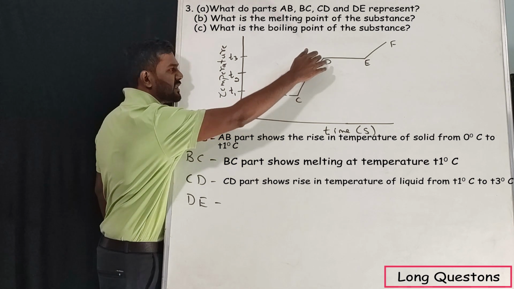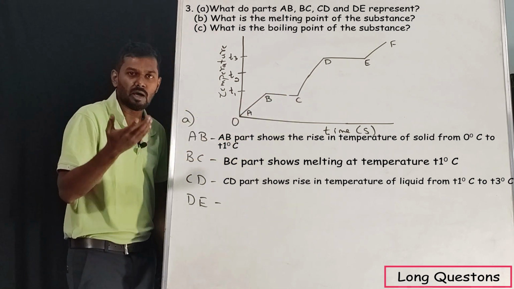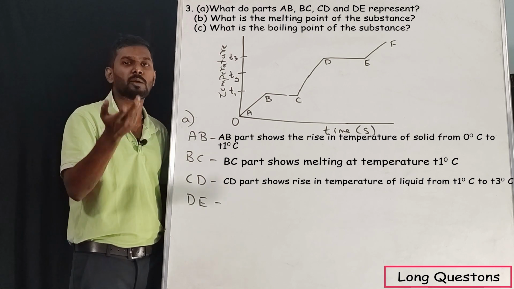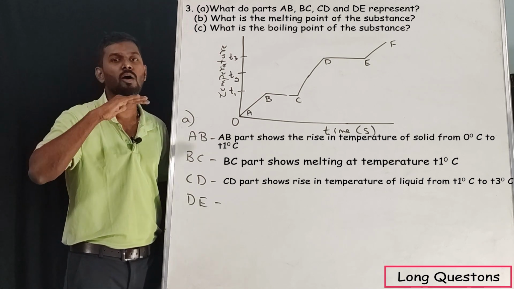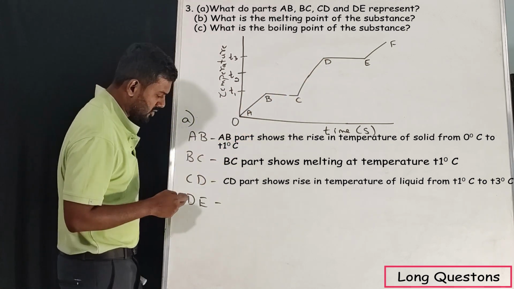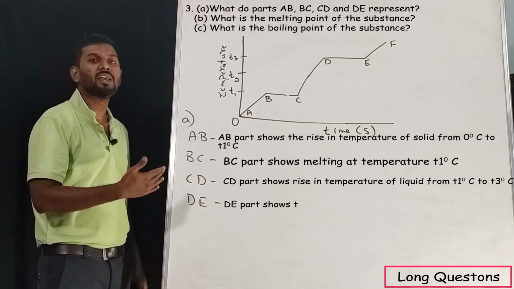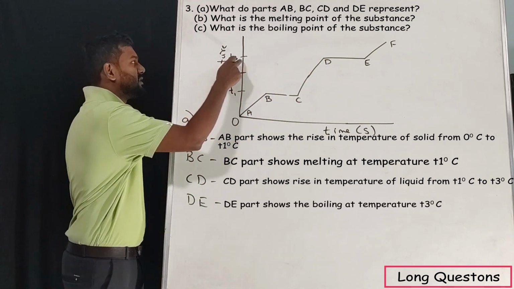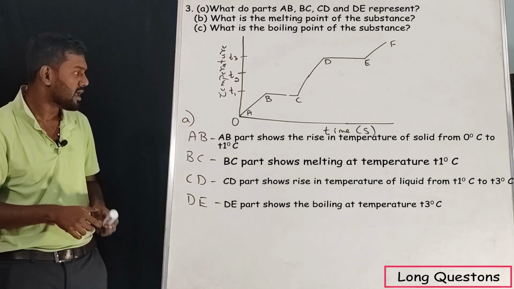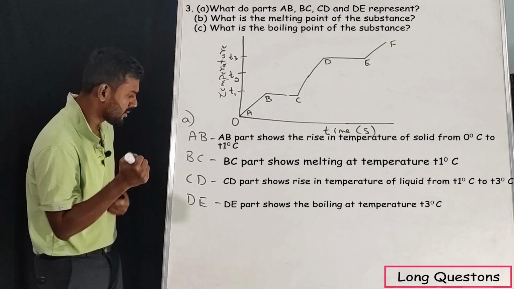If you keep on raising the temperature, the melted ice is nothing but water. What happens if you keep on increasing the temperature of water? It will start boiling. So DE represents boiling of the substance at a constant temperature T3. That's it.